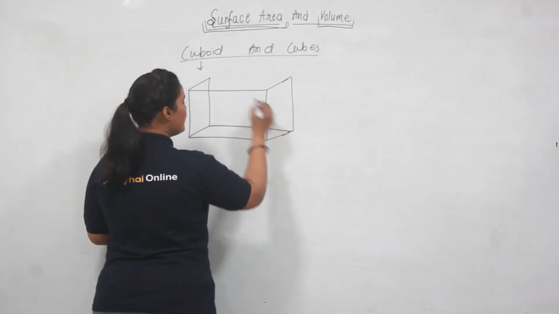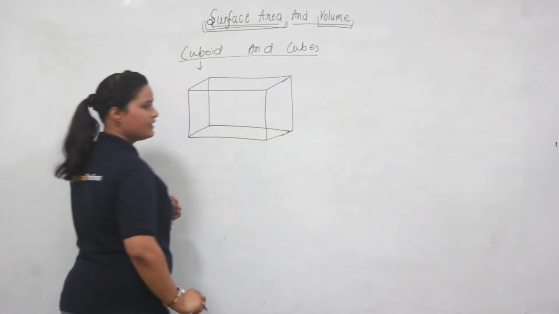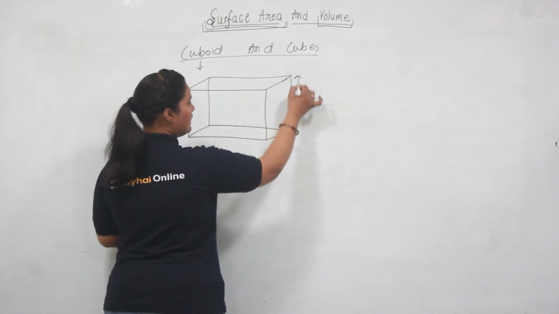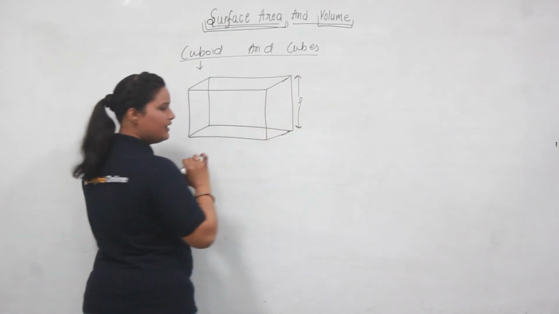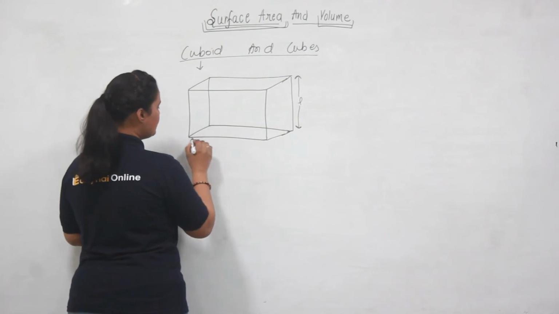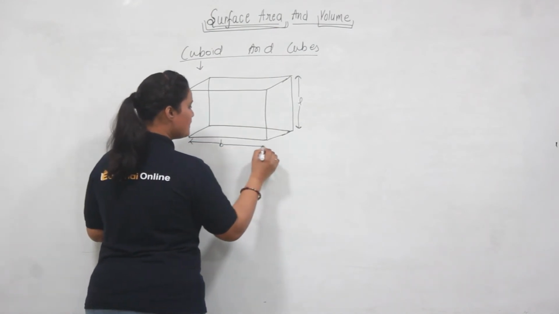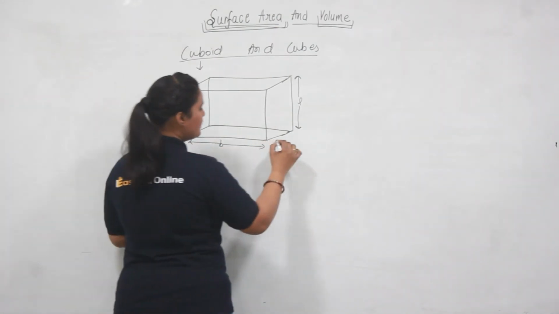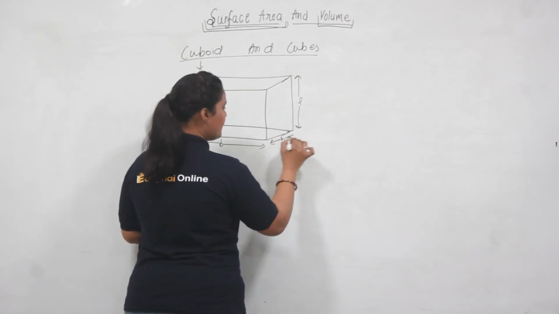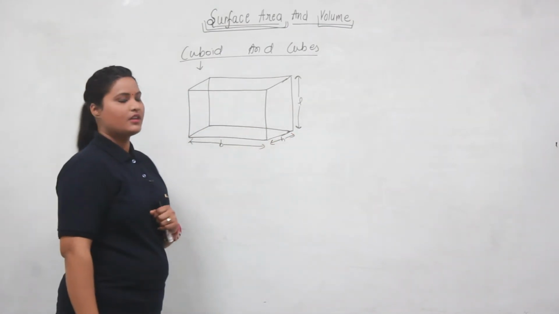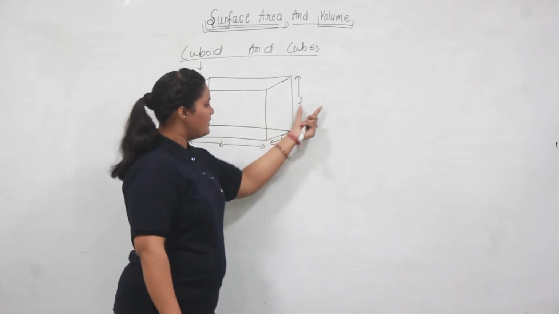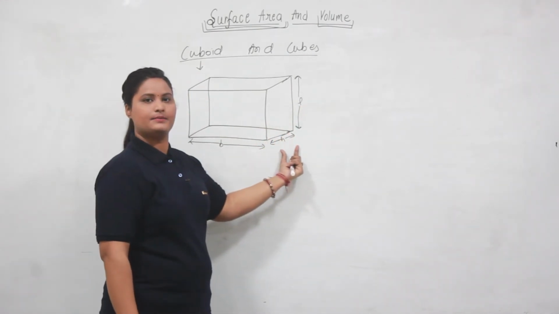And what are these 3 dimensions? That is first length, L, second breadth, and third is height. Clear? So there are 3 dimensions: length, breadth and height.